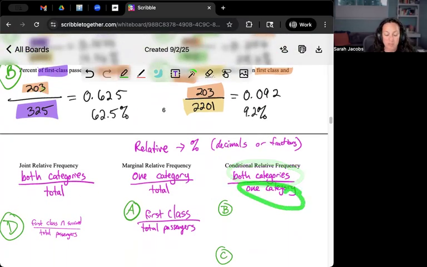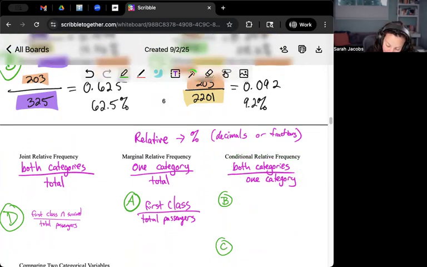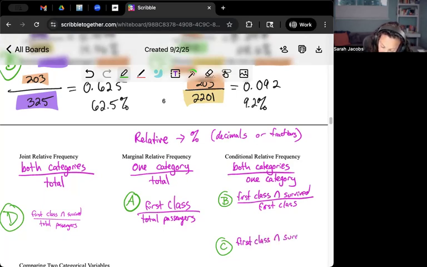But then the category that we're conditioning on changes. So in B, we had the first class and survived out of first class. Whereas in C, we have the same numerator, the same top value, first class and survived. But now we're comparing that to the total who survived.